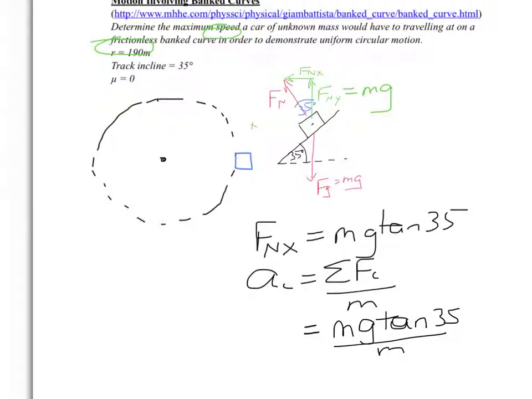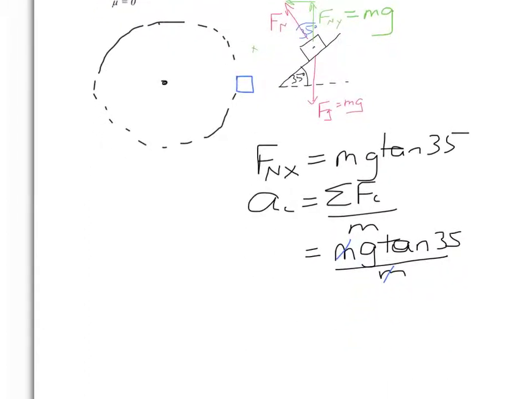Once again, the masses cancel out, and you can see that we are now left with the centripetal acceleration just being equal to g tan 35. So whatever 9.8 times tan 35 turns out to be equal to gives you your magnitude for that centripetal acceleration.